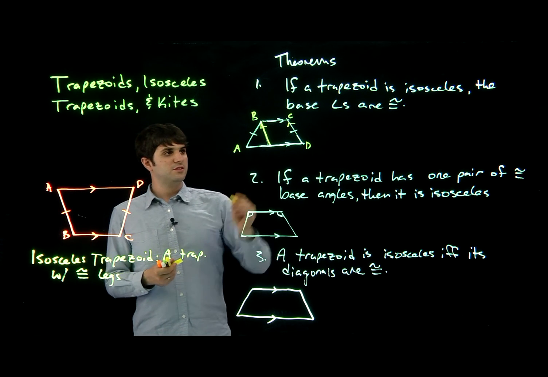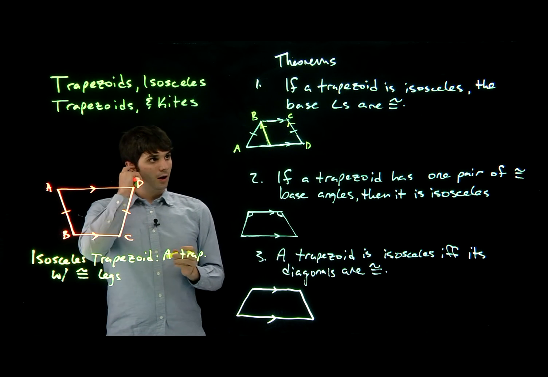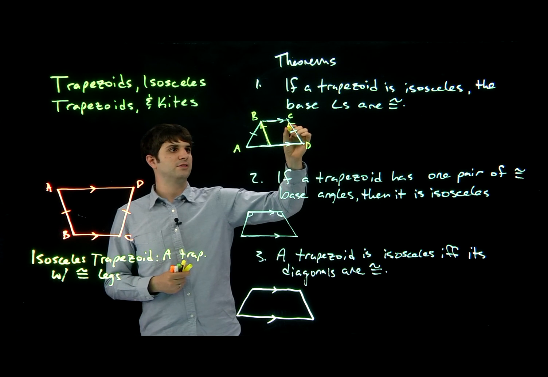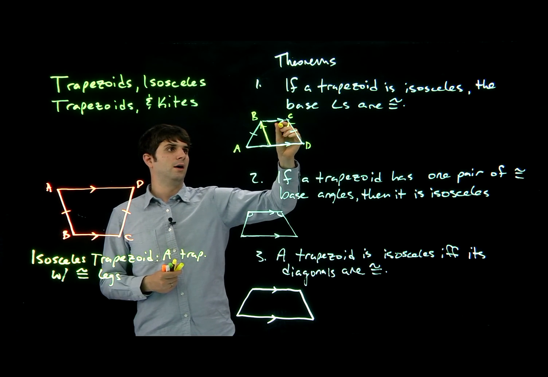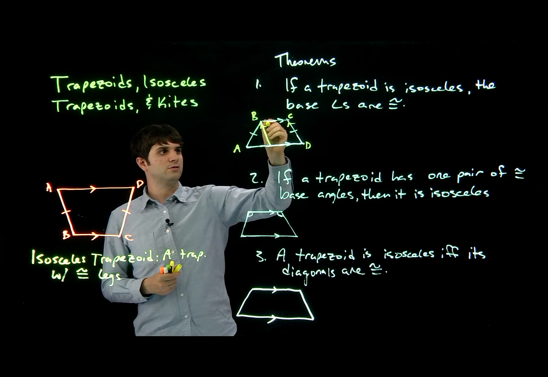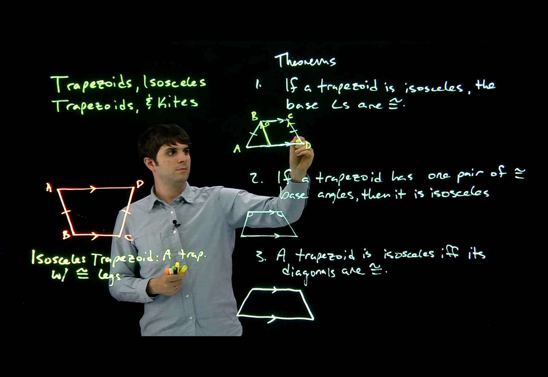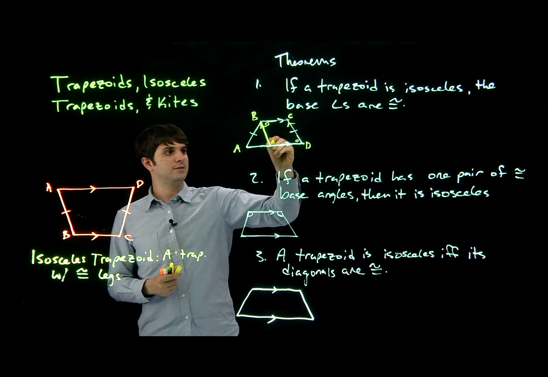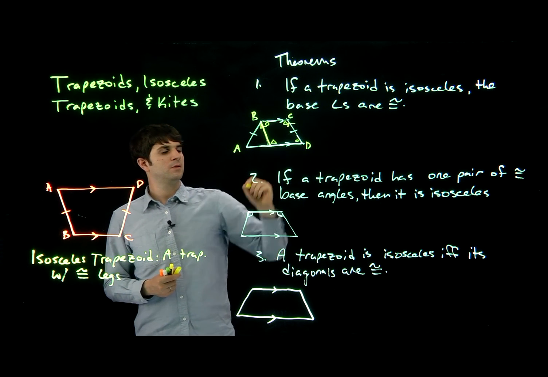Now, since I've drawn a parallel line here, we know that if these parallel lines are cut by a transversal, okay, so we know that these angles are going to be the same. All right. We also know that these angles are going to be the same. Okay.